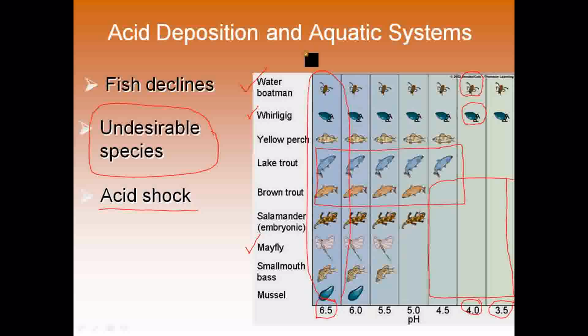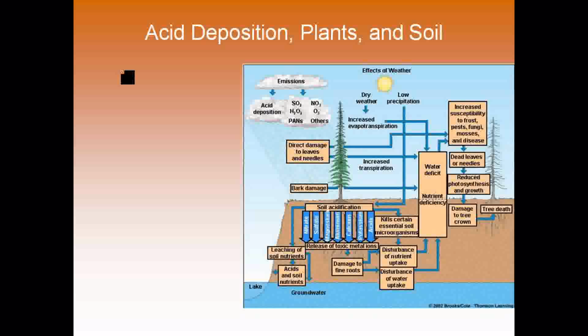So those are the problems that happen to aquatic systems. When you picture the effect of acid deposition, picture a lake. Maybe you've been on one of these lakes, not a great lake, but a lake that you boat on or have a cottage on, becoming acidified.